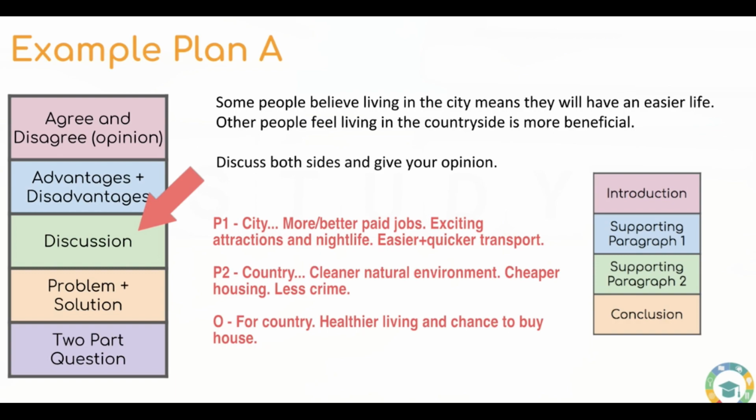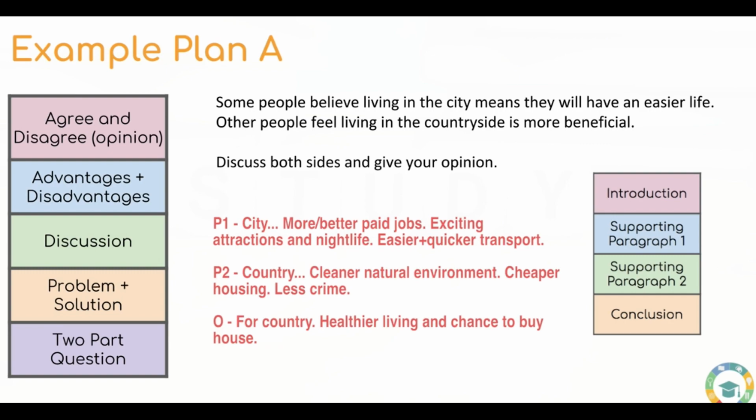In this question, I've included a quick plan for my conclusion because it asks me to give an opinion. Because to fully answer the question, I'll have to discuss both sides. In paragraph 1, I'll be talking about the city and why that's a great place to live. And in paragraph 2, I'll be talking about the countryside and the benefits of living there. The information you include in the plan for the 2 paragraphs is the real heart of your plan.